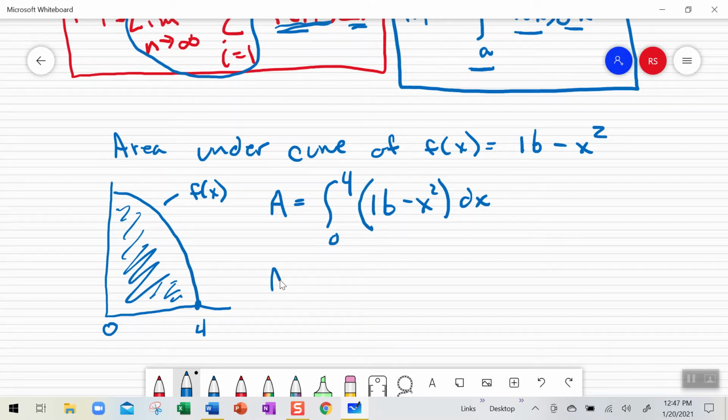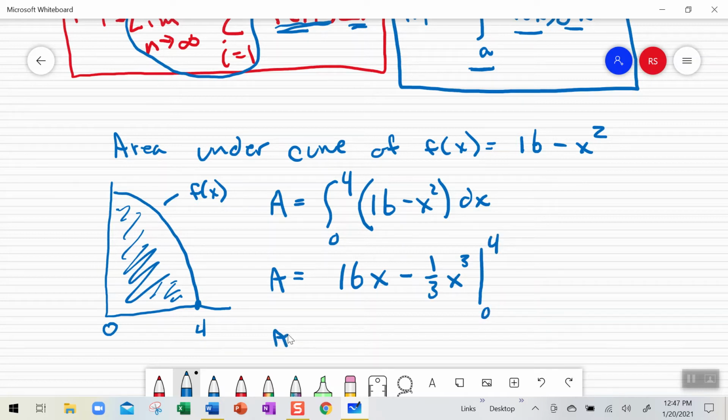And so what we want to do is take the antiderivative. So the antiderivative of 16 is 16x. The antiderivative of x squared is 1/3 x cubed. And then we're evaluating that from 0 to 4.